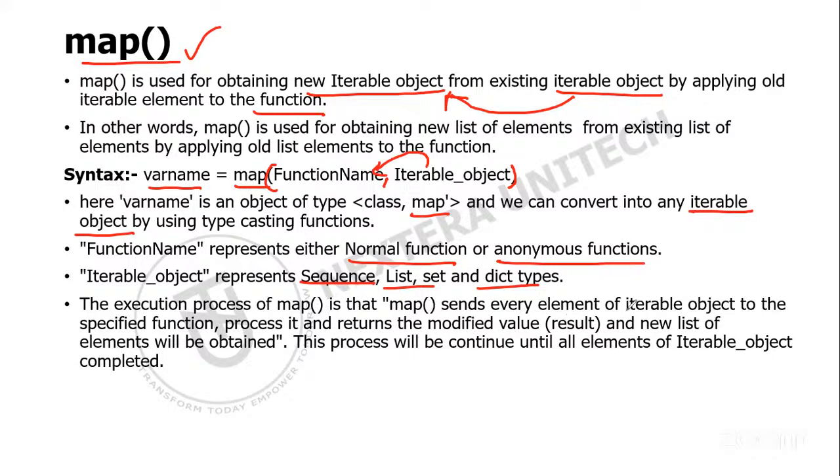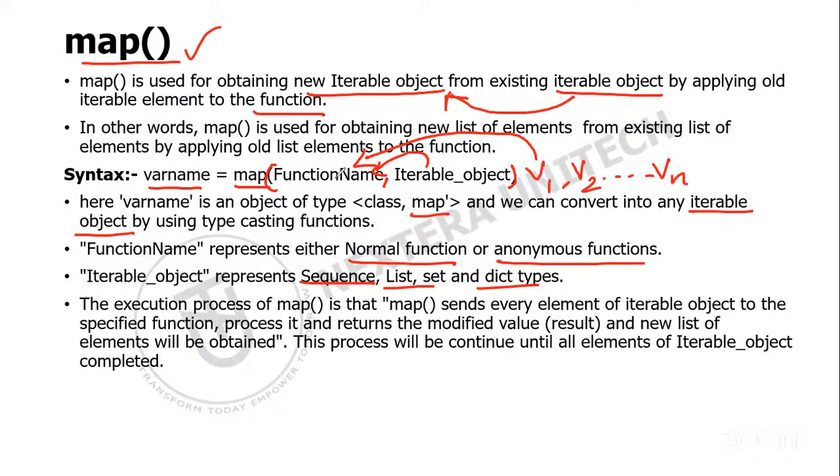And the execution process of map: the map function sends each and every element, value 1, value 2, value 3, so on, value n, to the function. Value 1 will be sent to the function. This function will process value 1 and modify the result of the value.